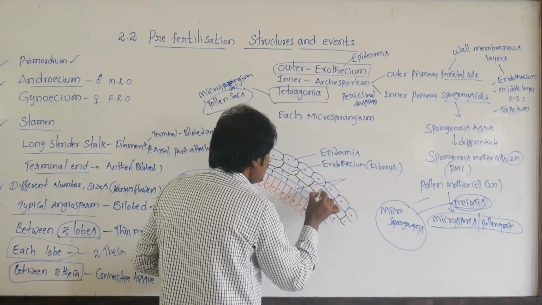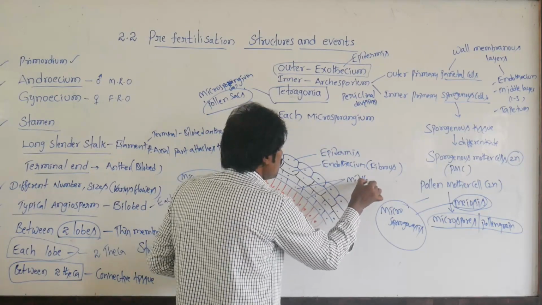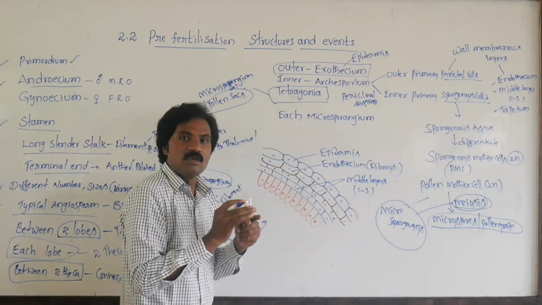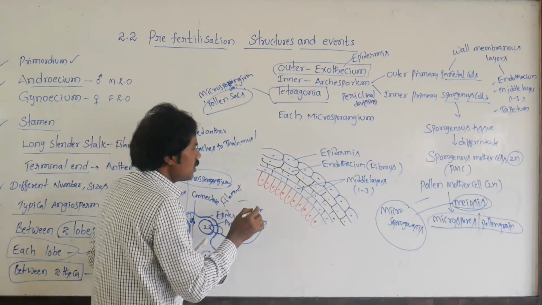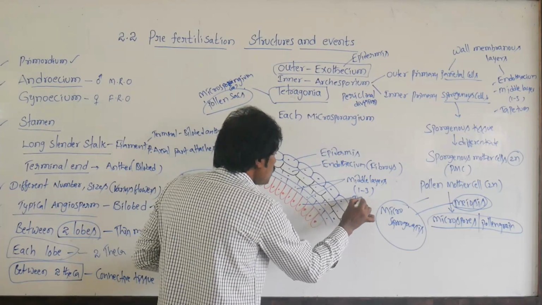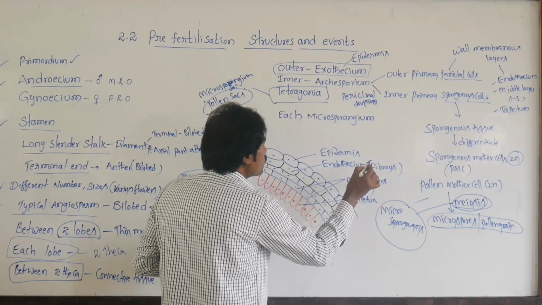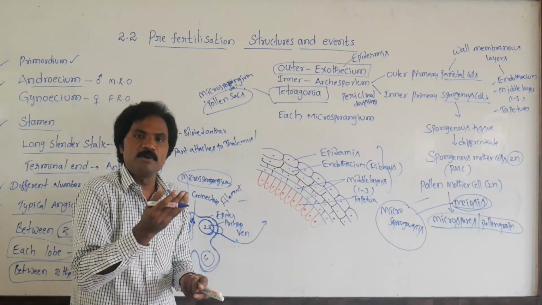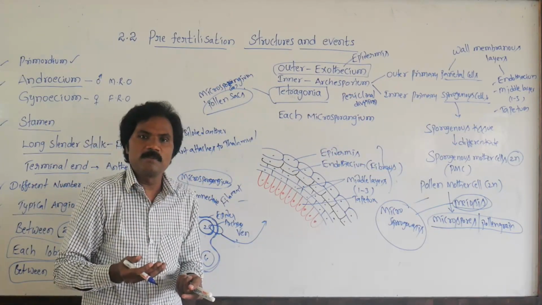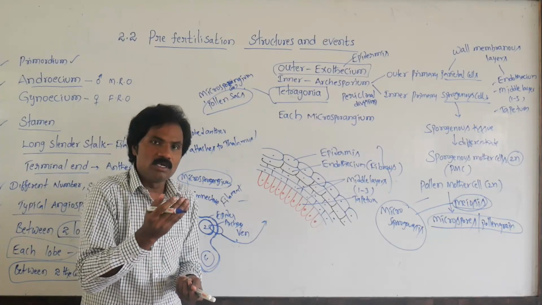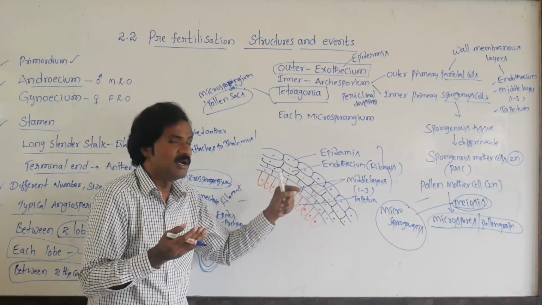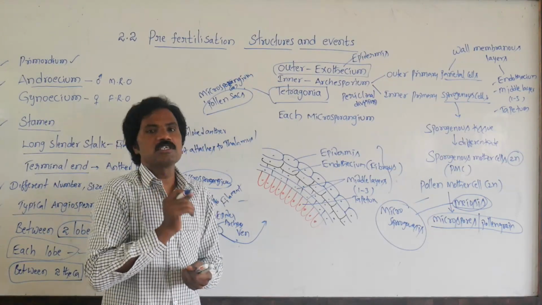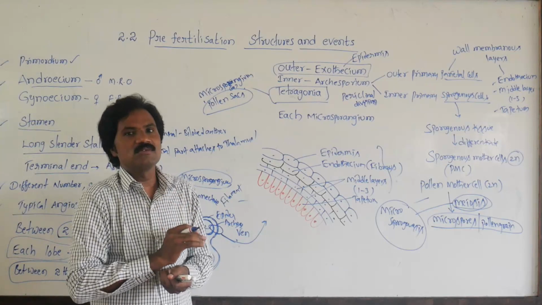Then these are the middle layers, one to three layers of parenchymatous cells. The innermost one is the tapetum. The first three layers are important. What is the important role of the epidermis, endothecium and middle layers? All these are helpful for protection as well as dehiscence of the pollen grains.